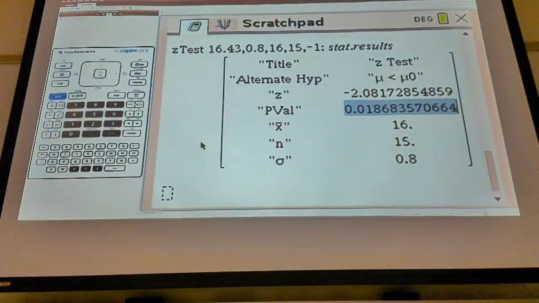What's your conclusion? It's the same thing. If P is less than or equal to alpha, you reject the null, which means there is significant evidence to support the alternative.